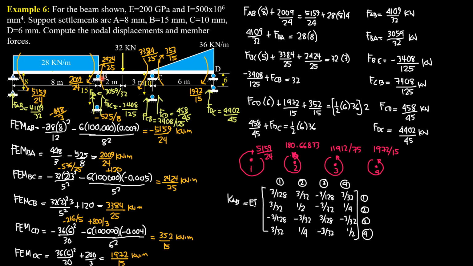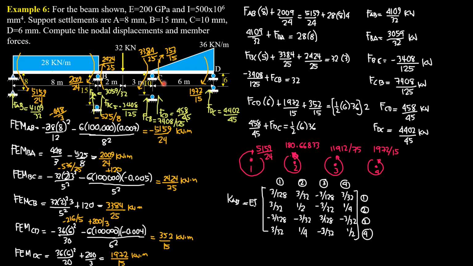It is still assumed upward, but the sign is negative, 3408 over 125. Likewise, summation forces Y to solve for FCB. So negative 3408 over 125 plus FCB equals 32. So FCB is positive 7408 over 125, which is this.